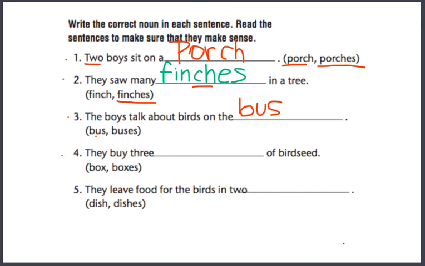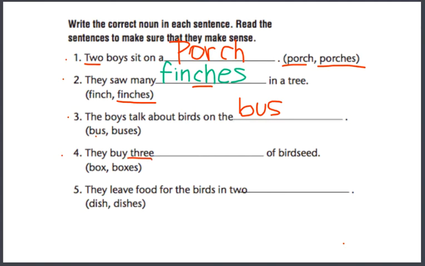Number 4. They buy 3 boxes of birdseed. Not only are we reading to see if the sentence makes sense, but we're also looking for clues to help us understand if it makes sense. They buy 3.